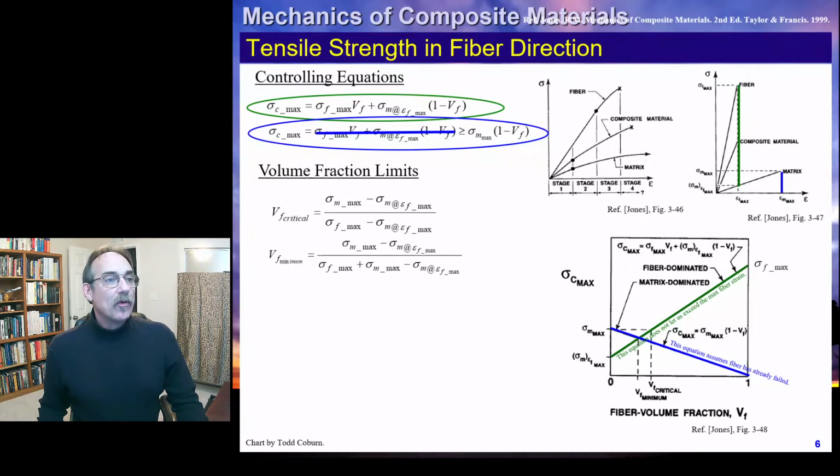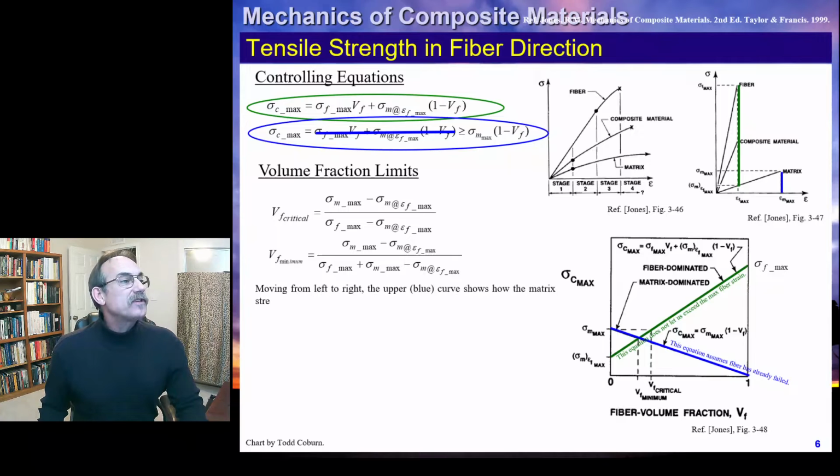And the green line is the strength of the composite, adding together all the strengths up to the point of fiber fracture. Okay? These two are key lines, and how they intersect gives us some insight into these volume fractions.